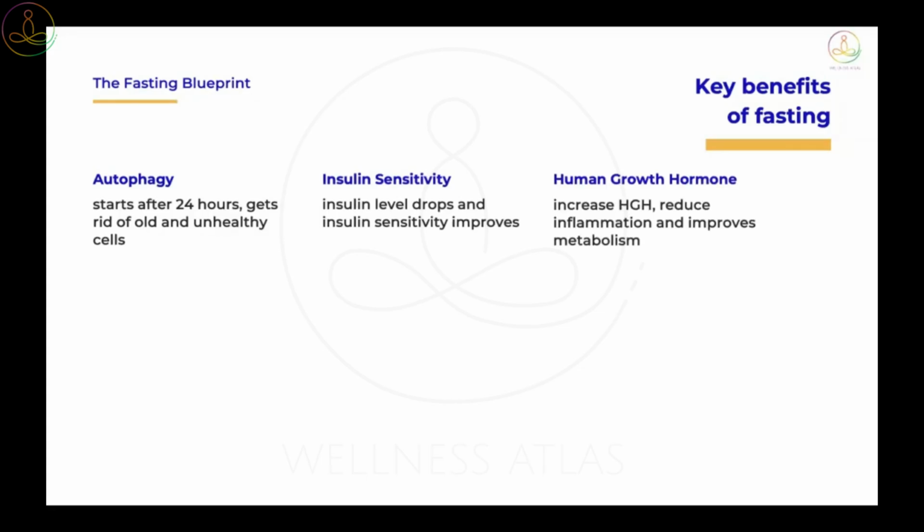Human growth hormone, another fantastic hormone, we all need it. Gradually it decreases as we age, but fasting will increase the HGH, reduce inflammation, and improve metabolism. Very interesting, because cancer is on the rise in this era. Cancer cells typically need about 20 to 30 times more glucose compared to normal cells to survive, right?